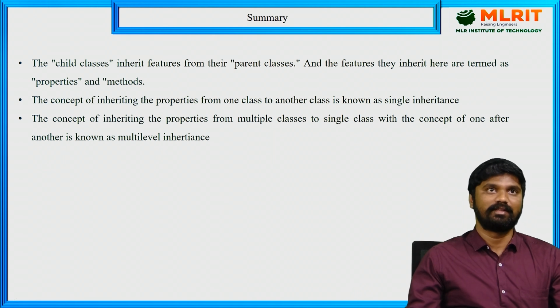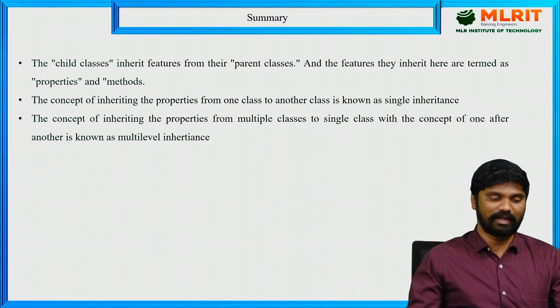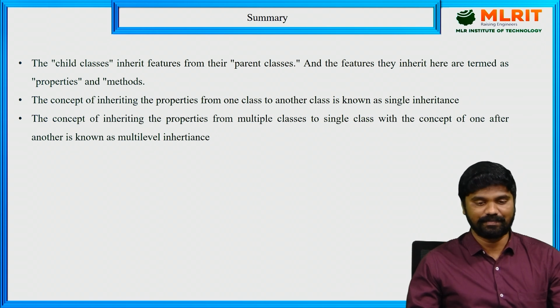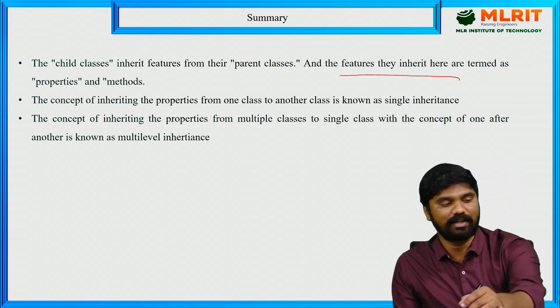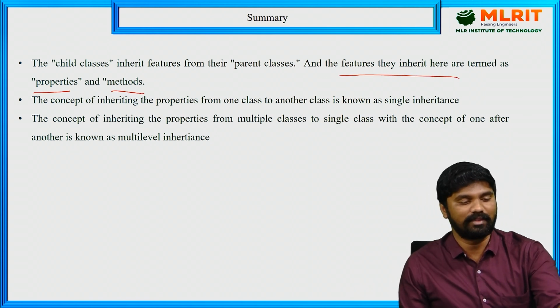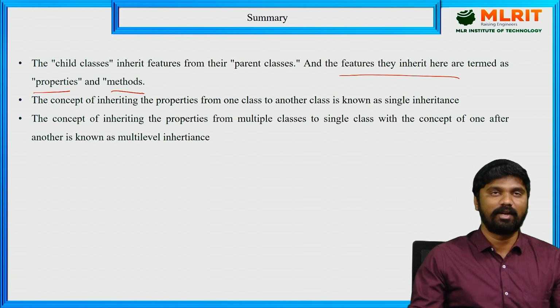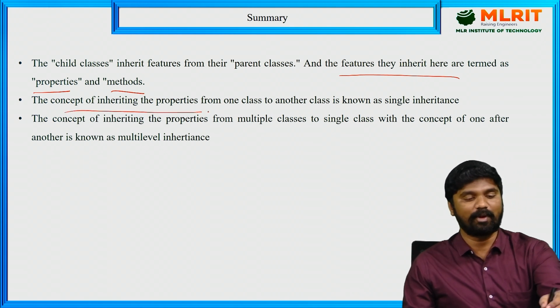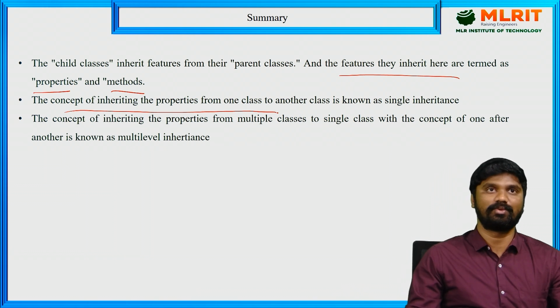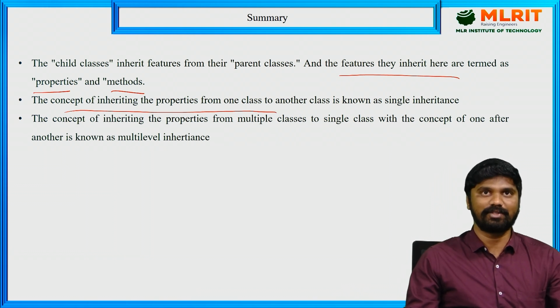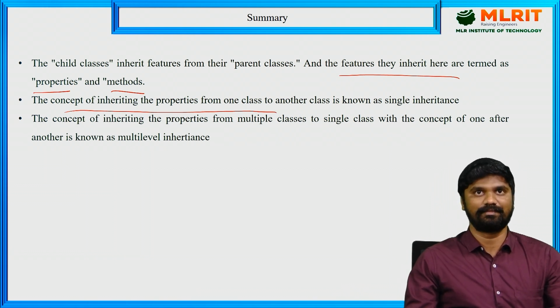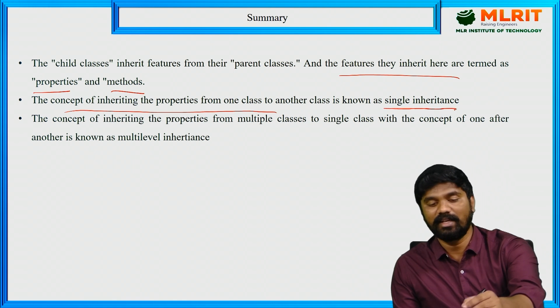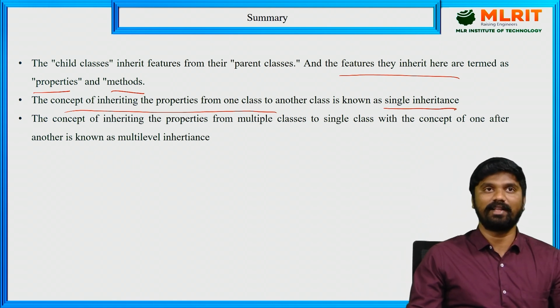That means the child class gets the features, behavior, or properties from its parent class, and the features they inherit here are termed properties and methods. Features here is nothing but properties and methods. Next, the concept of inheriting the properties from one class to another one class is called single inheritance.